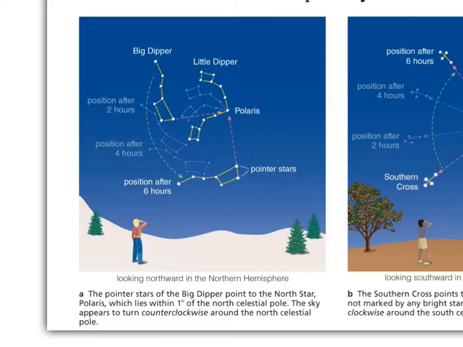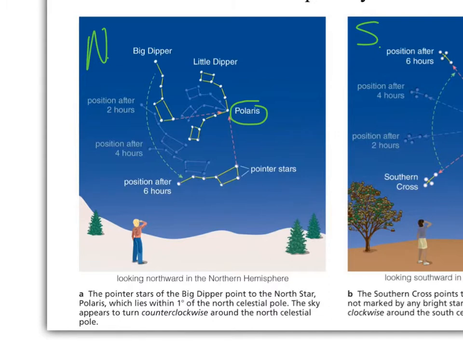So one more slide with this part. I have two figures here. One is in the northern hemisphere, and the other is in the southern hemisphere. In the northern hemisphere, our important star, the star that we look to for things to go counterclockwise around, is the star called Polaris.